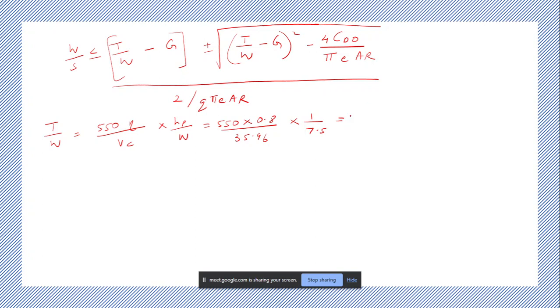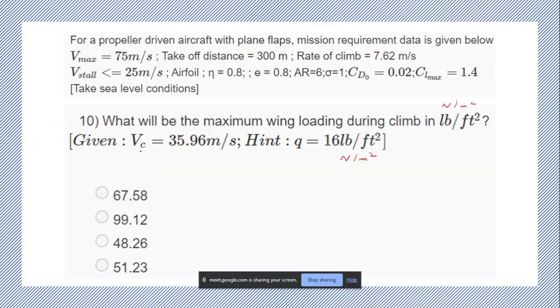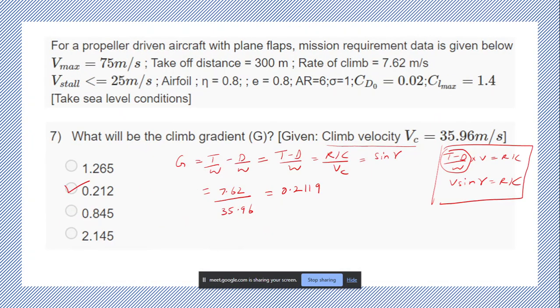I'm getting 1.63. Correct me if I'm wrong. So T by W minus G will be 1.63 minus G, we've already calculated this. I think that was the same velocity. Yes, so G is 0.2.